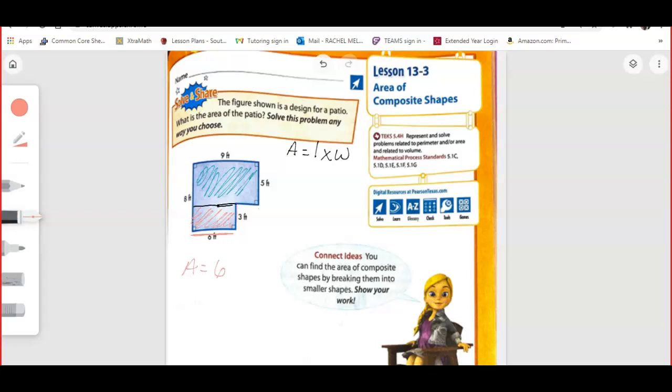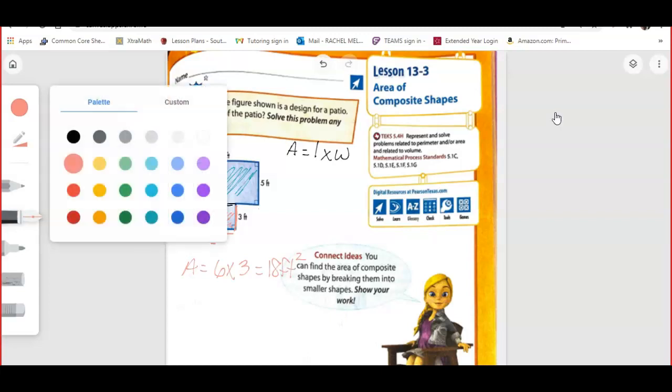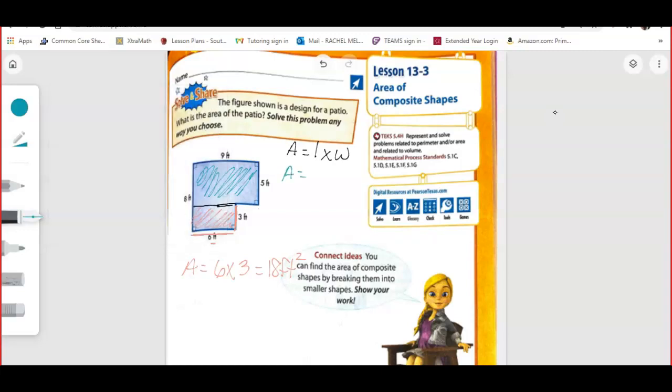And then this tells me right here the width is 3 feet. Well, 6 times 3 is 18. My unit of measure is feet, and it's square feet because it's area. So now let's look at the blue. Okay. Well, I can see the length right here is 9.